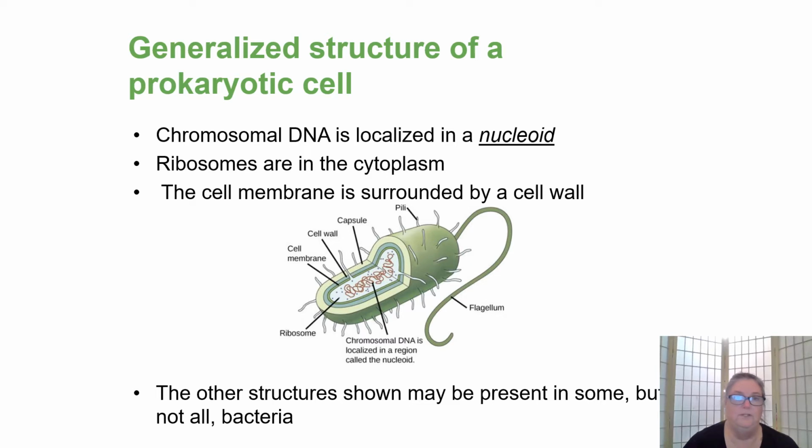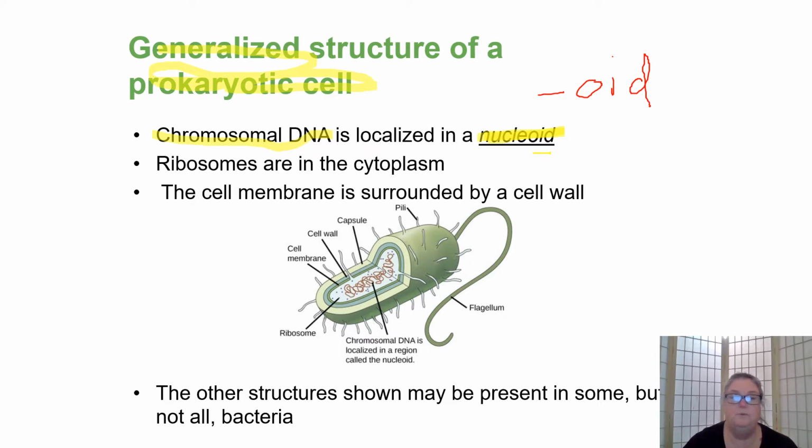All right, so let's just talk generally about prokaryotic cells. In human biology, we're not going to discuss them at length. That chromosomal DNA is in something called a nucleoid. See that O-I-D ending of that word means in the shape of or something similar to.